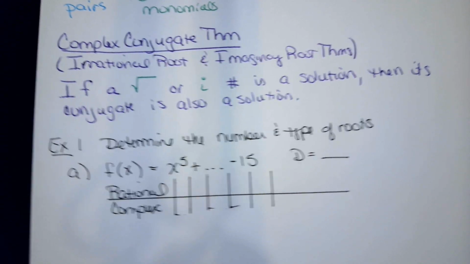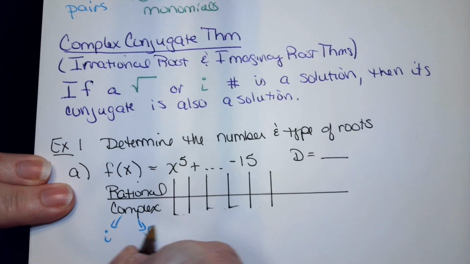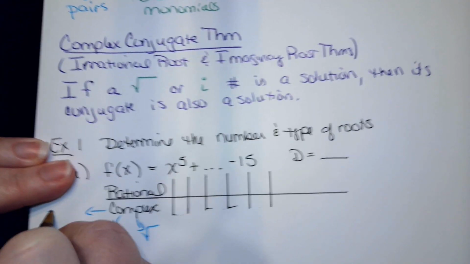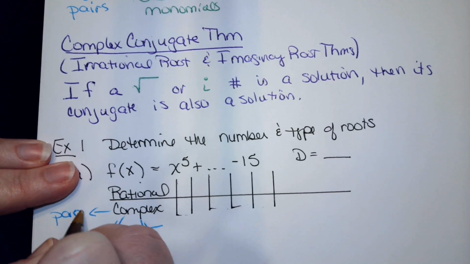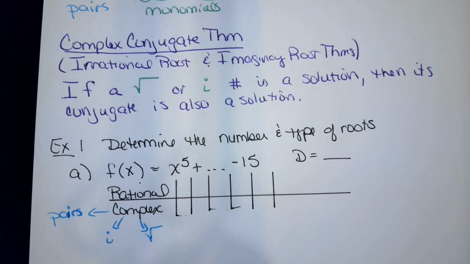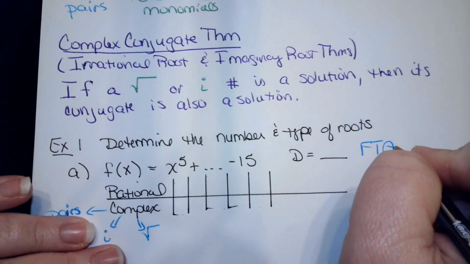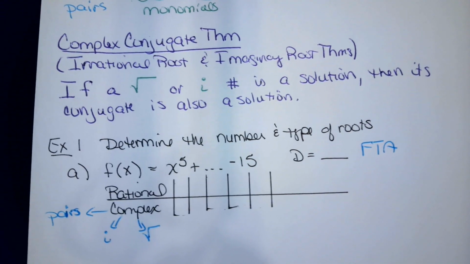With that in mind, remember the complex is either the square root or imaginary, and they travel in pairs. All right, so let's determine how many solutions we have to start with. Now we know, according to the FTA, the fundamental theorem of algebra, whatever your degree is of the polynomial, that's how many solutions you should have.